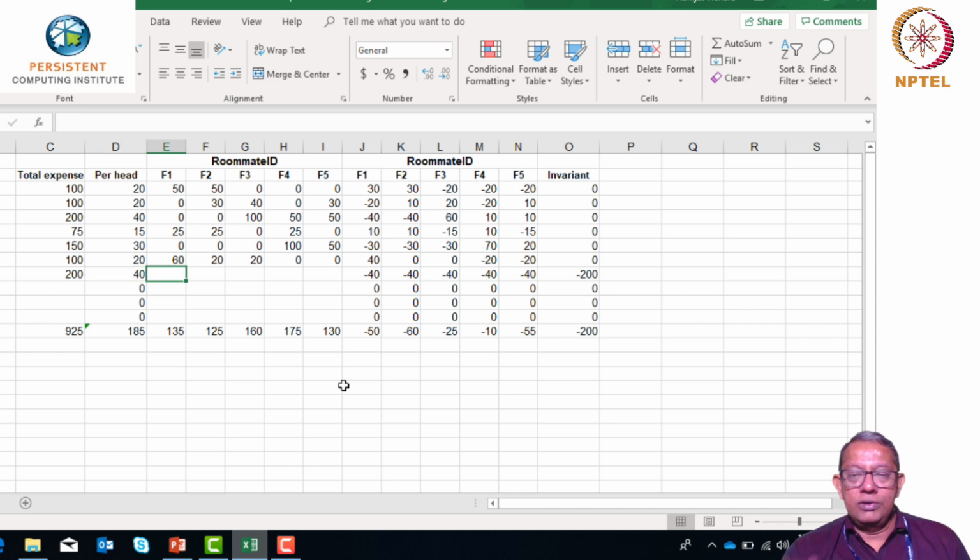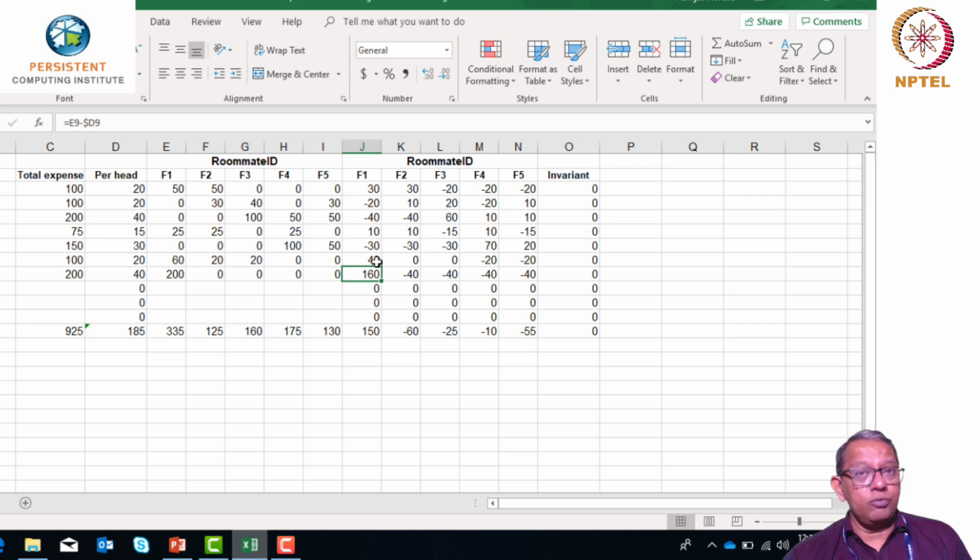Let's assume that friend number 1 pays all the amount, 200 rupees, while others don't pay at all. Note that for friend 1, the excess amount is rupees 160.